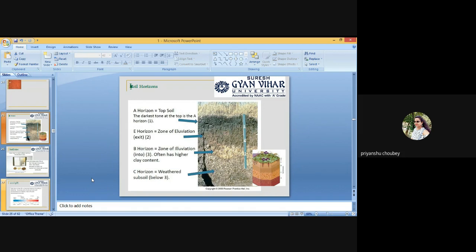In the transition of the B and C horizons, sometimes a layer may be seen which has the mixed properties of the B and C horizons, and such a layer is designated as the BC horizon.